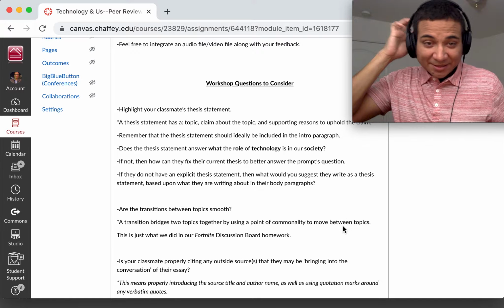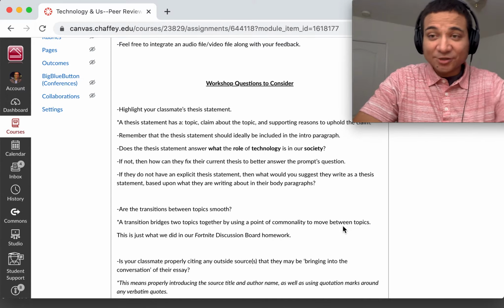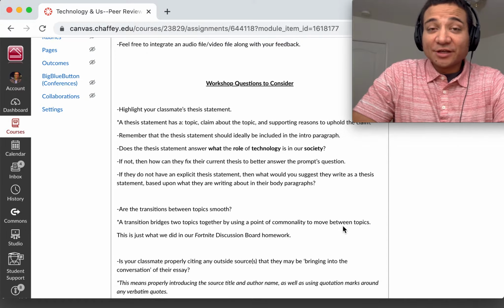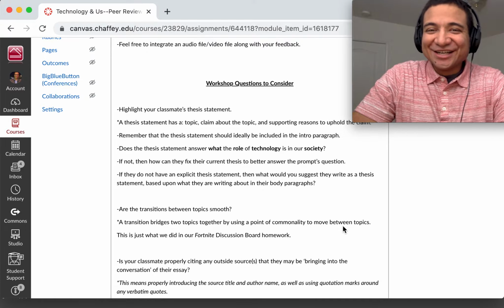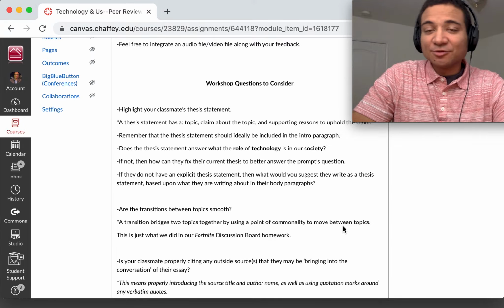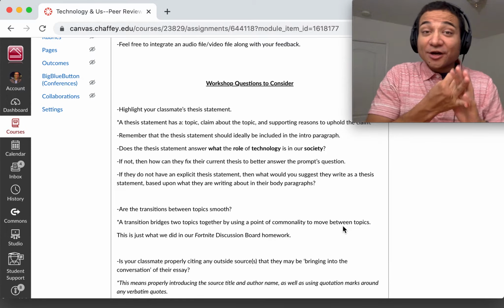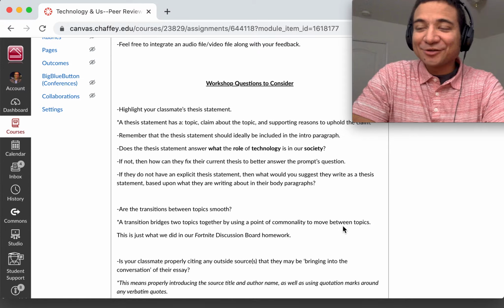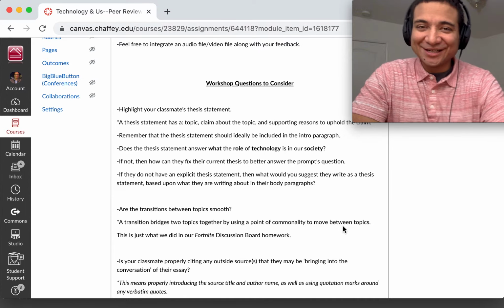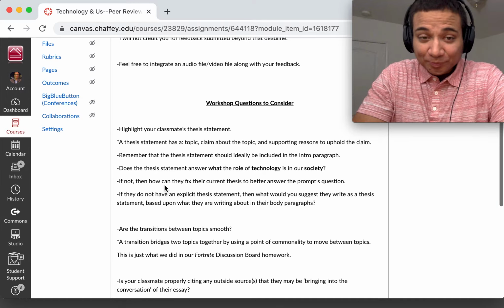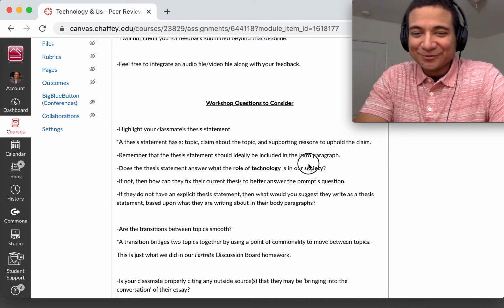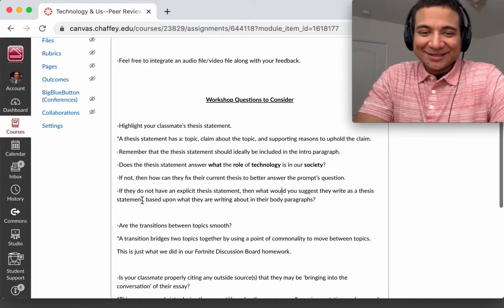So in this case, the thesis has to directly answer the question, what is the role of technology in our current society? Remember that with role, we had the interchangeable meanings of role, function, job, right? So make sure that your classmate is answering this question directly in their thesis. That's super important. Answer the question, what the role of tech is in our society.